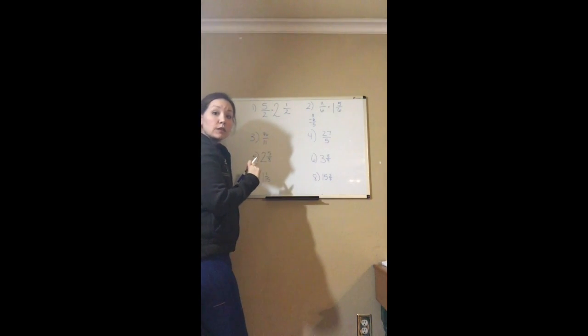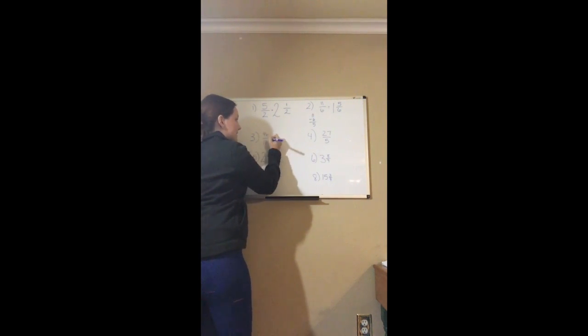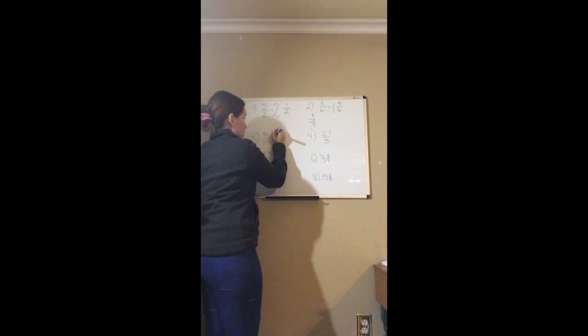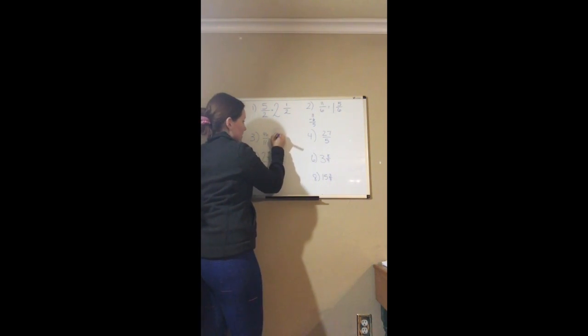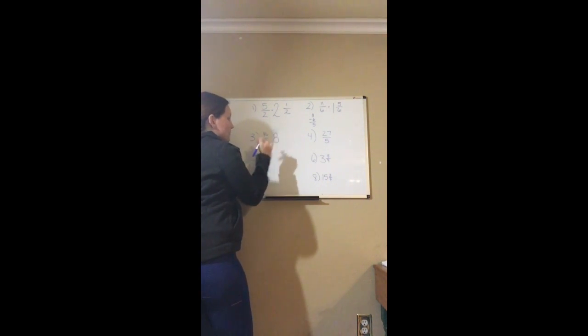So looking at this next one, we have 96 over 11. So we take 96 and we divide it by 11, and that'll give us 8. 11 times 8 gives us 88.